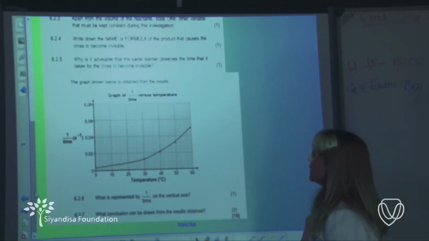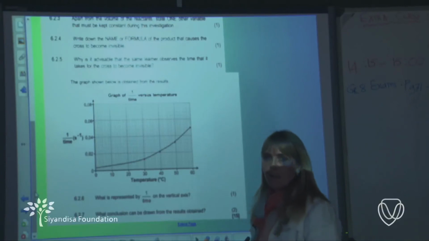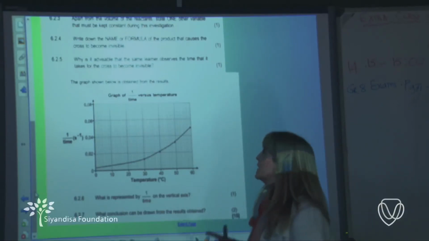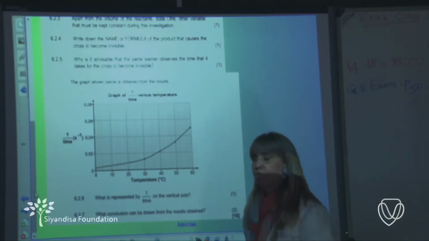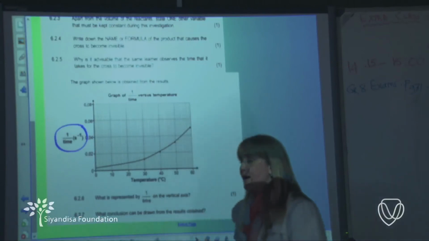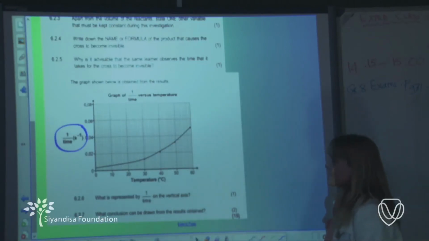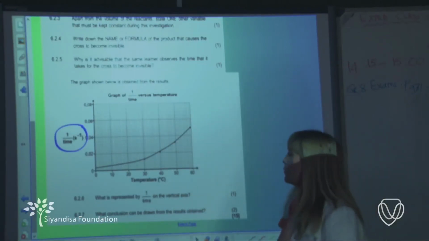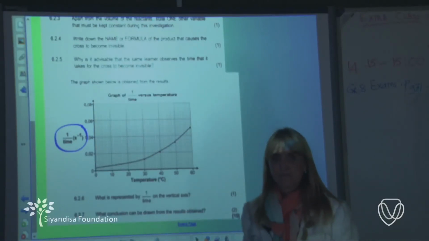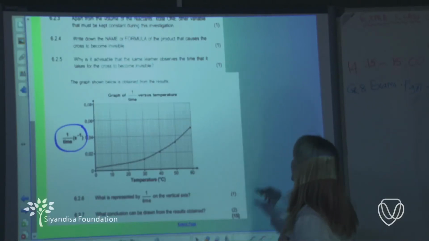It says the graph below is obtained from the results, and it's a graph of 1 over time versus temperature. Very importantly, not time versus temperature, 1 over time versus temperature. 6.2.6, what is represented by 1 over time? Right, very important question.